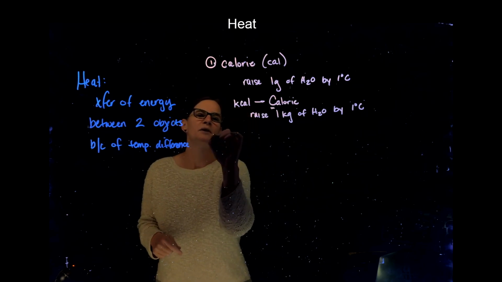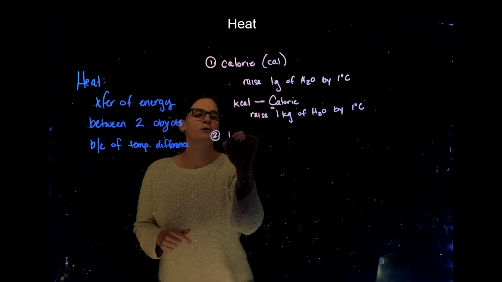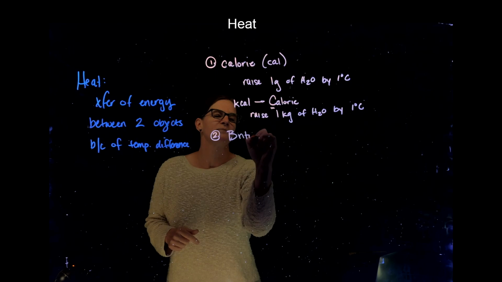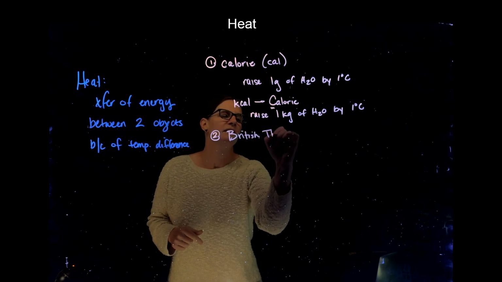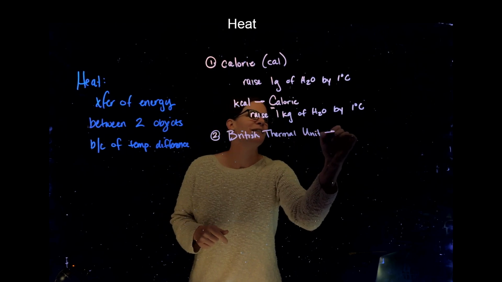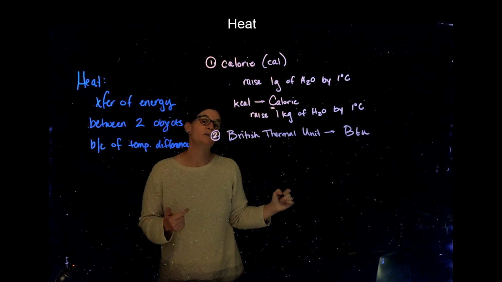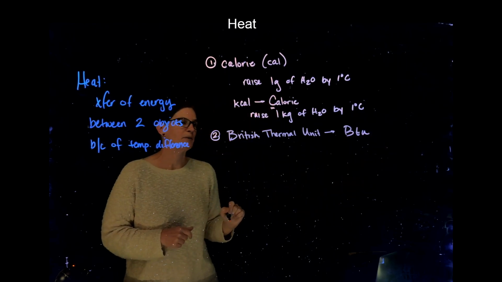Another unit that we use to talk about heat is the British thermal unit. And this is what's affectionately called a BTU. Okay, so you've heard of BTUs perhaps when talking about heat.